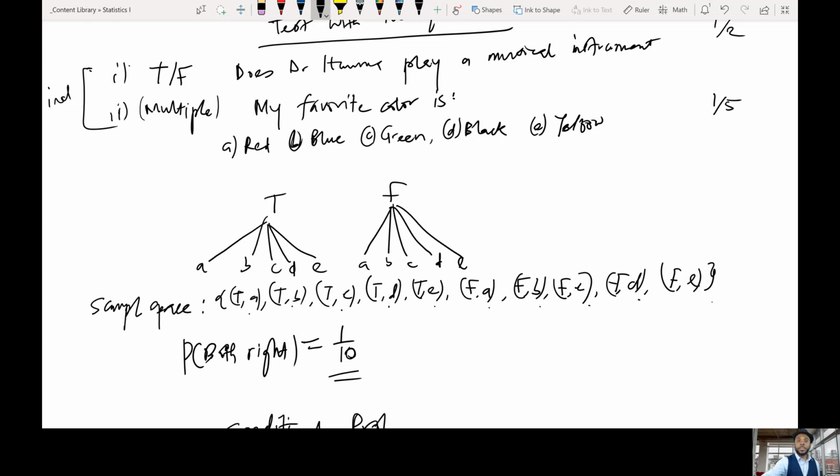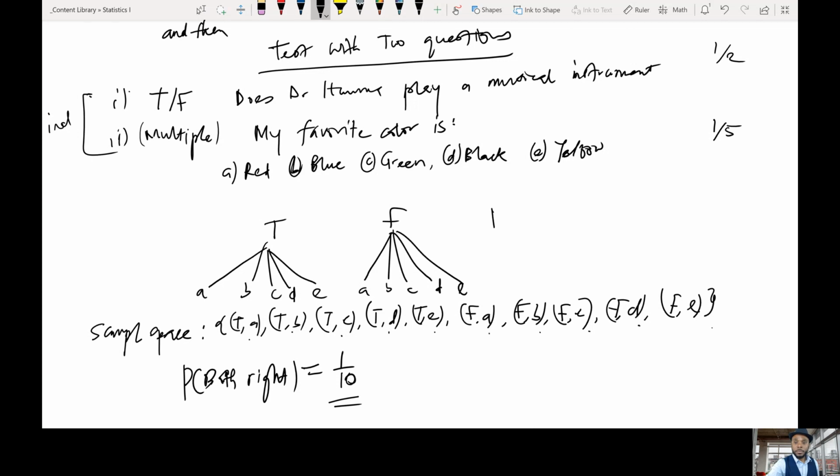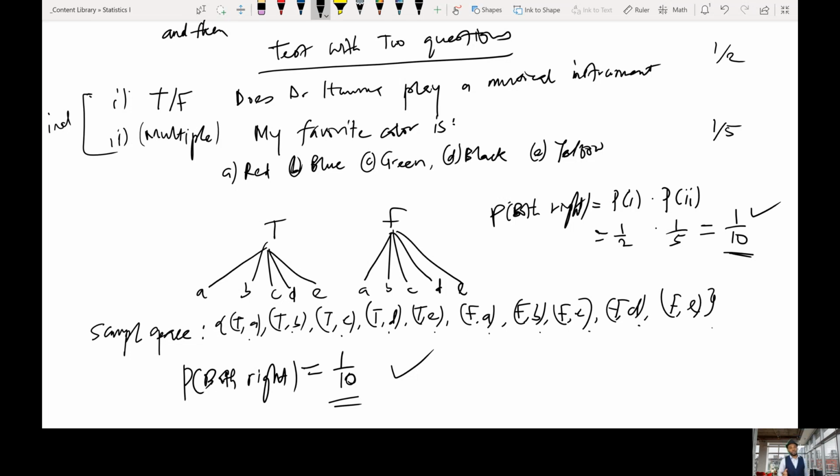So the probability that both are right is simply equal to the probability of I times the probability of II. So I being the true and false, which is 1 over 2. And the probability of the second event is 1 over 5. And if you multiply both of them, you have 1 over 10. And that's what we got here. So that's the multiplication rule. Pretty easy.